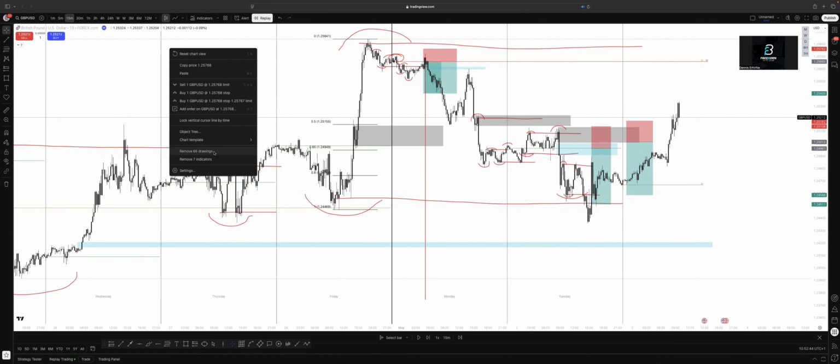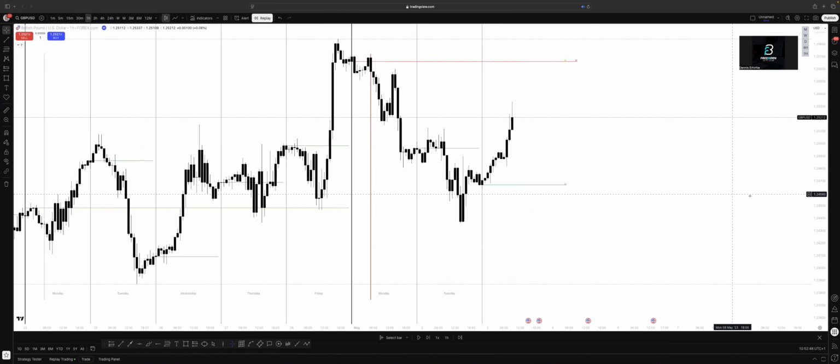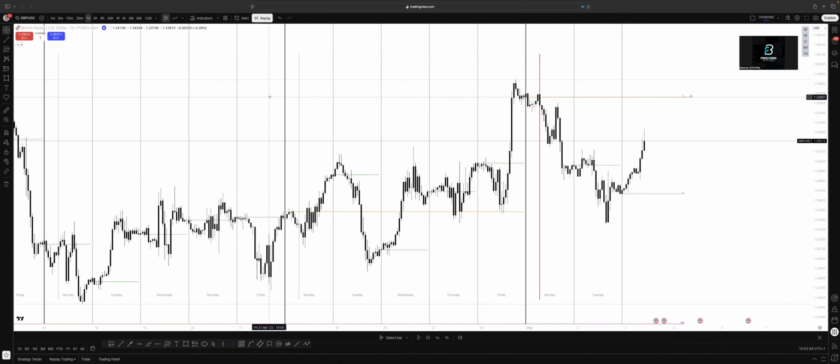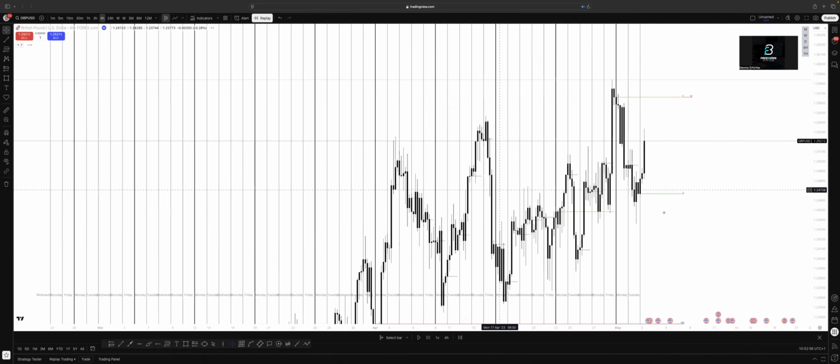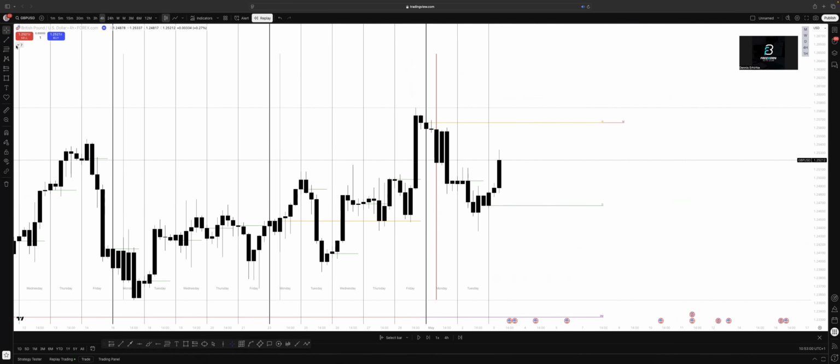We just clear out the drawings, go back to 1 hour, and let's see. Go back to 4 hour. 4 hour is the higher time frame, not 1 hour. I think that was a 1 hour.